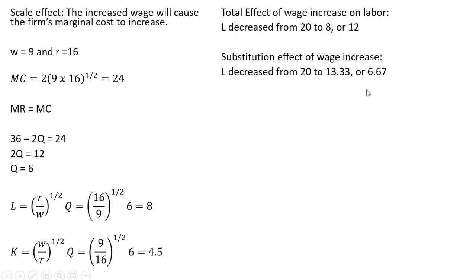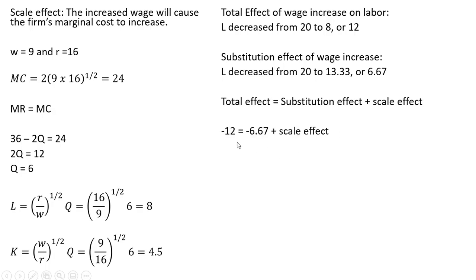So that was the substitution effect. The total effect is going to equal the substitution effect plus the scale effect. So the total effect, labor fell by 12. The substitution effect caused the firm to reduce the number of workers hired by 6.67. So now we're just going to solve for the scale effect here. And that's going to be minus 5.53.